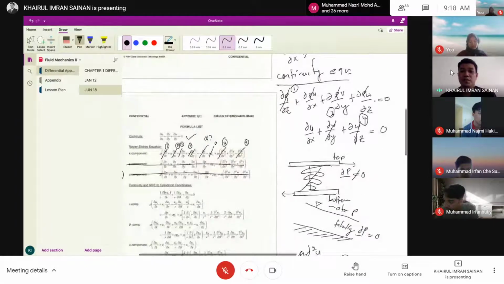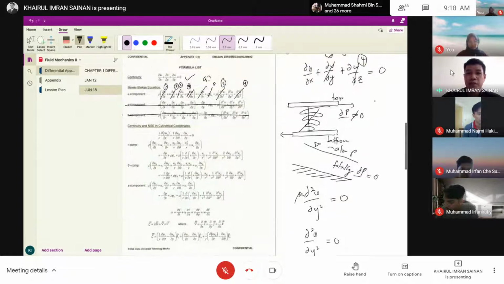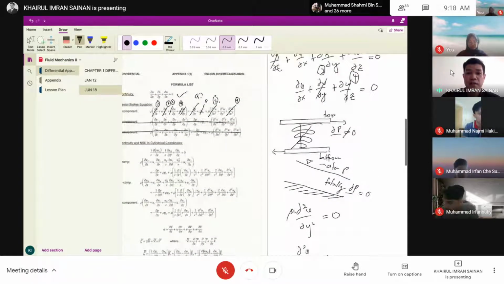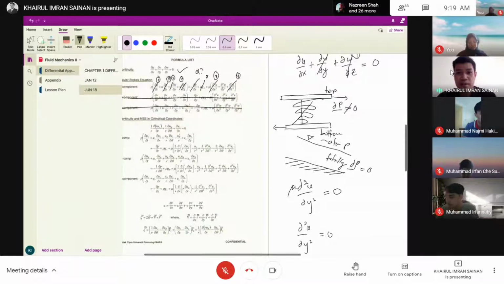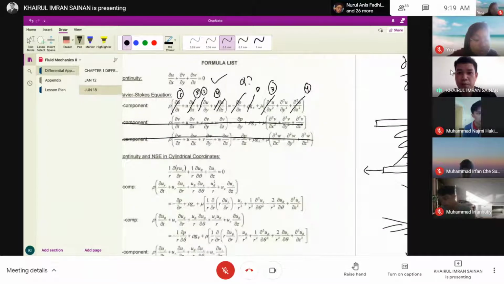Okay. So we are almost halfway to our solution. Next, after we cancel out and simplify all these terms, we are left with this. You can see here is mu del squared u over del y squared equals 0, because everything else is cancelled out to 0.